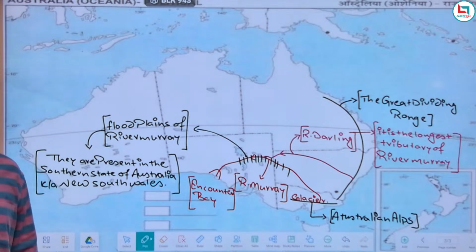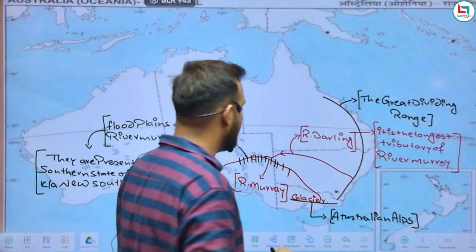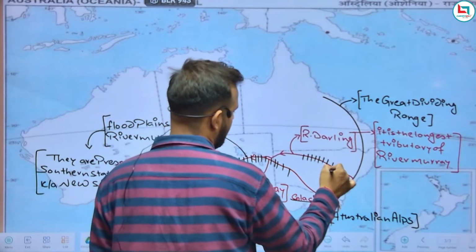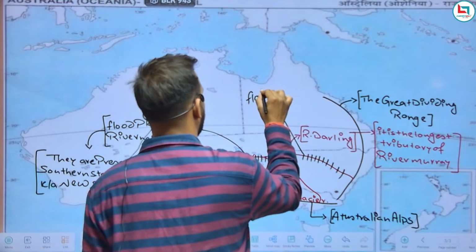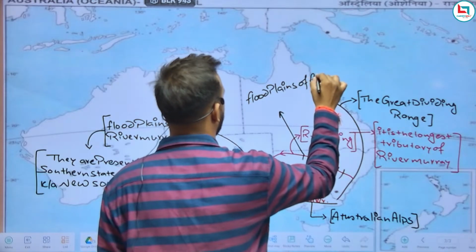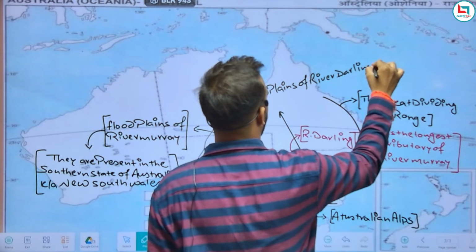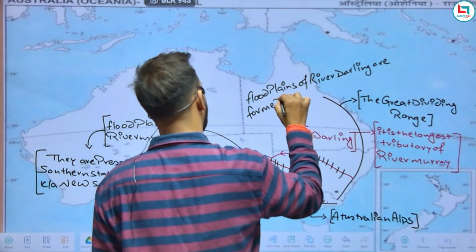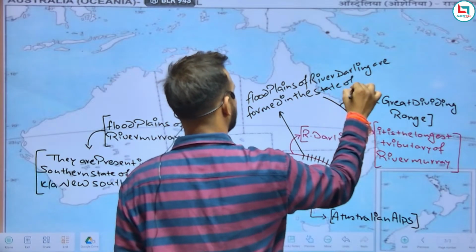When we talk about the floodplains of River Darling, the floodplains of River Darling are formed in the state of Queensland.